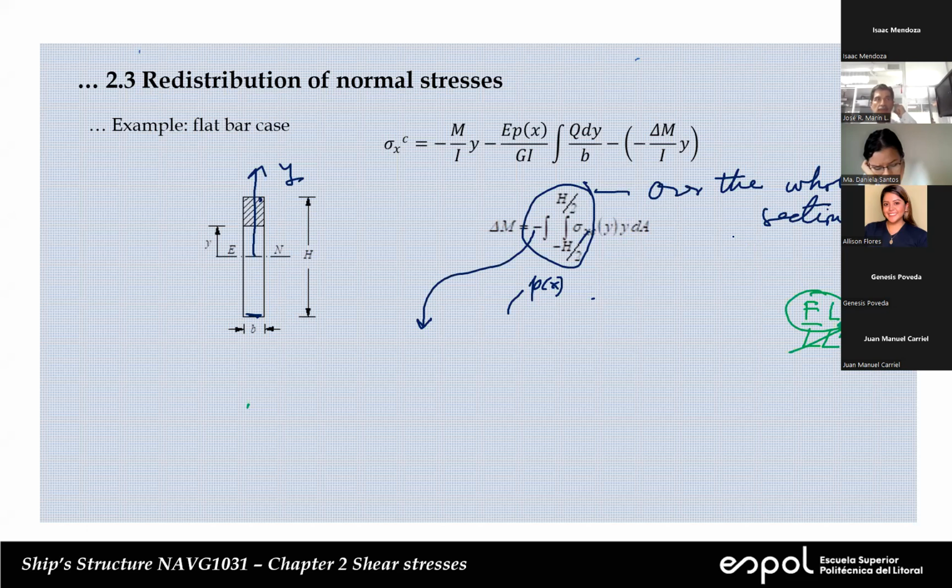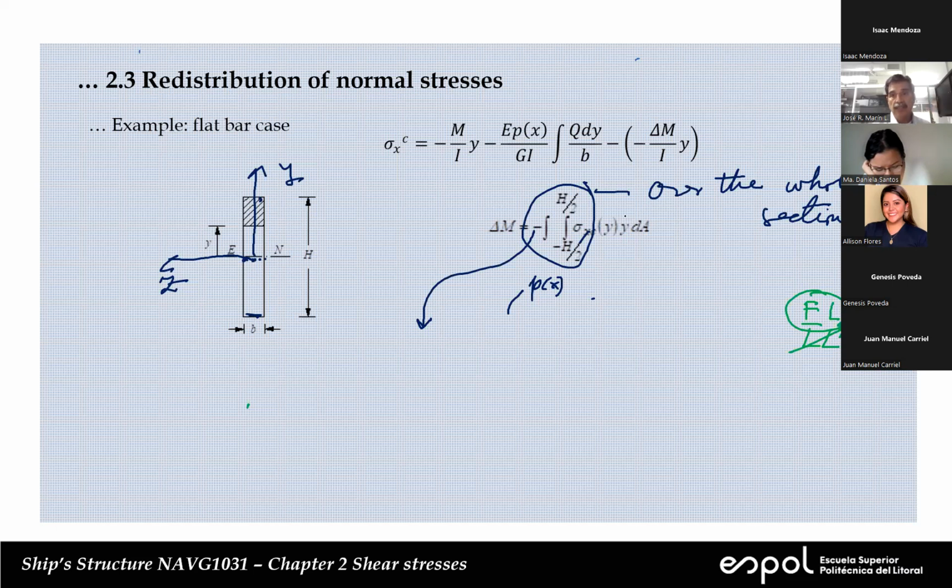The other two, you obtain distributions. In this case, you obtain a single value because you integrate over the whole section. So in this case, you go from minus h over 2 until h over 2. And this dy, since there is no variation in the z direction, we assume that the distribution of stress in the z direction is negligible.